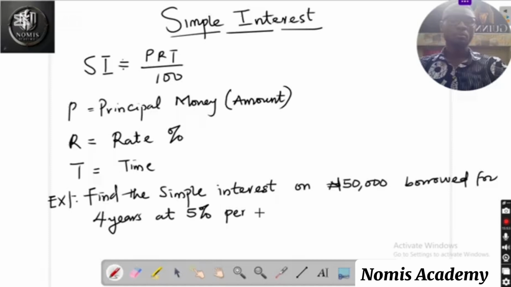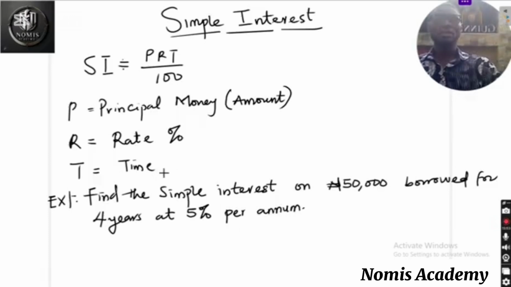So annum simply means in 1 year. So 5% in 1 year.